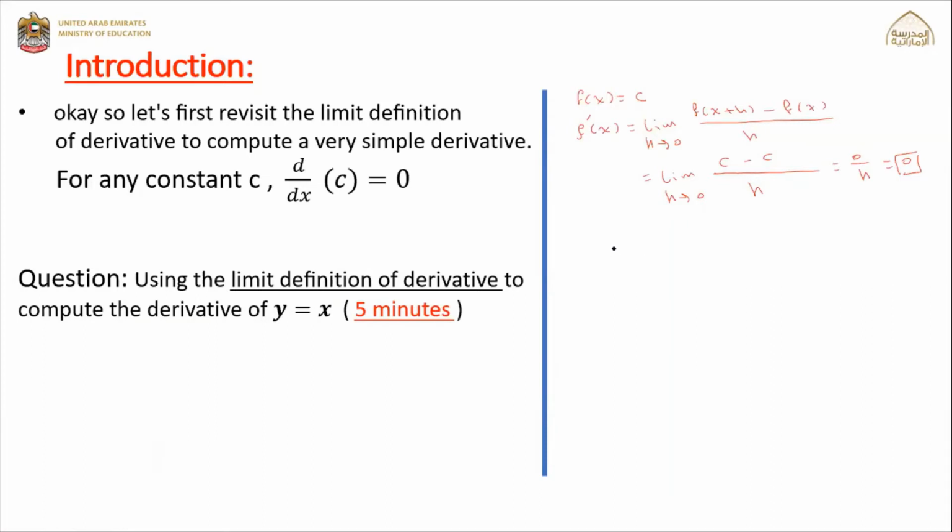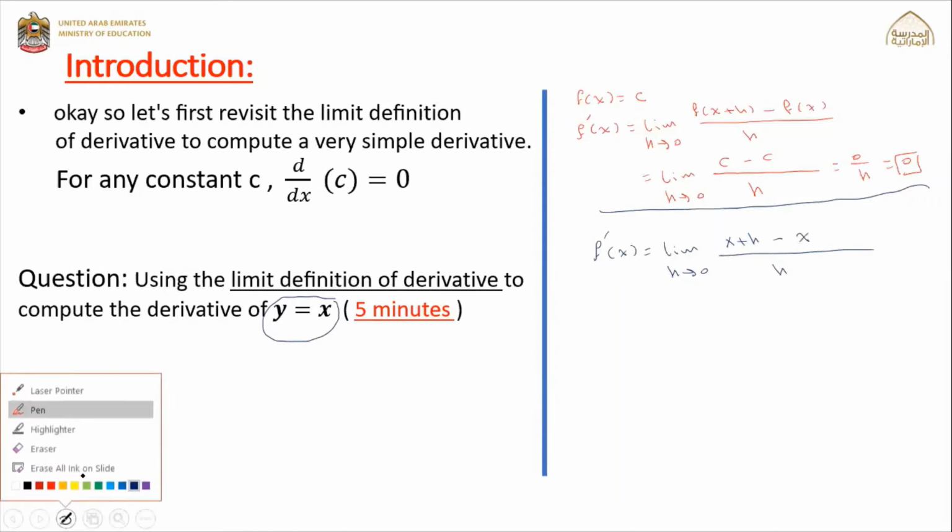We will check together what is the correct answer for this question. F prime of x equals limit h goes to 0 of f of x plus h, which for the function y equals x gives me x plus h, minus f of x, which is x, over h.